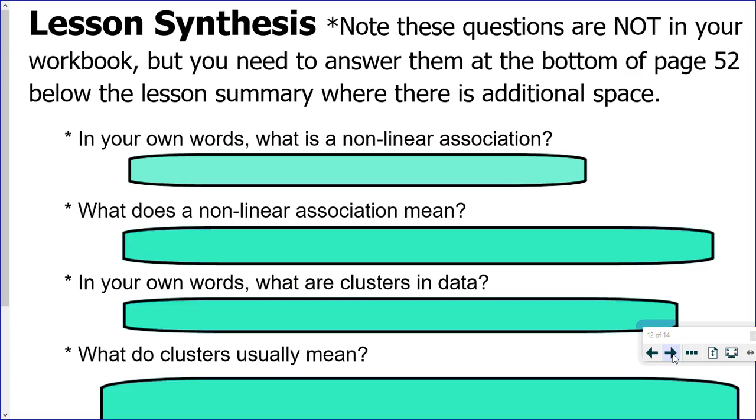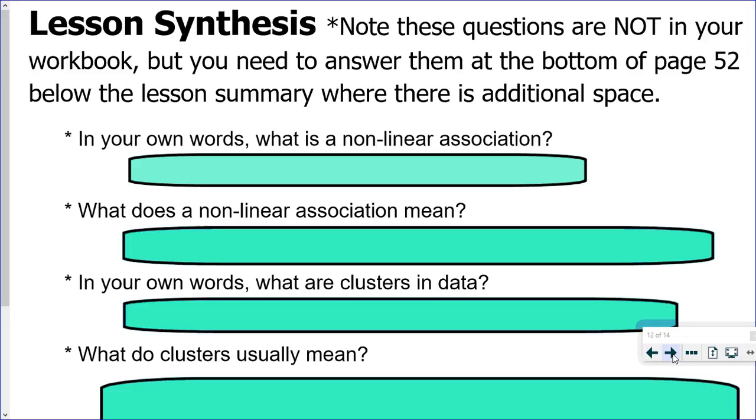Let's go ahead and turn to page 52 in your workbooks where the lesson summary is. These questions here on the screen are not in your workbook, but I would like you to add them at the bottom of page 52 where you have some open space. The first question to add and think about is, in your own words, what is a nonlinear association?